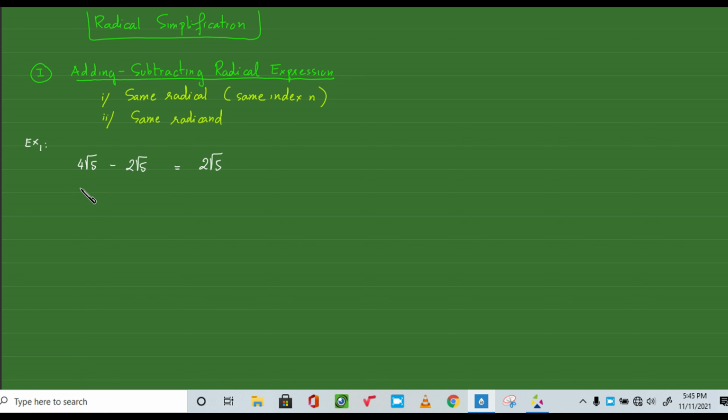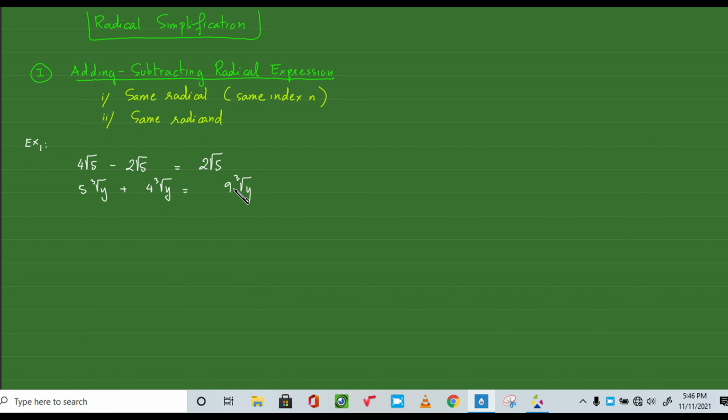For example, I have 5 cube root of y plus 4 cube root of y. Is the radicand the same? Yes, y and y. Is the radical the same type? Yes, it's a third root. So you just add them up, which gives you 9 cube root of y.